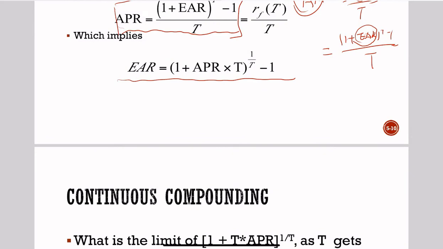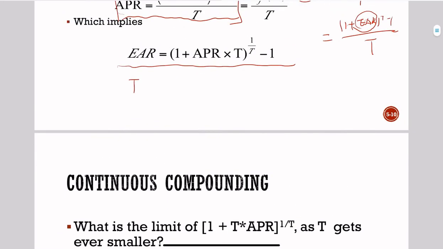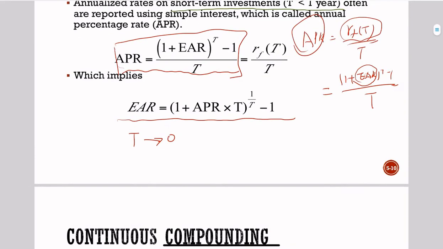What I'm trying to say is if I make t approach 0, it means that I am looking at a very small period. So let's say if t is 0.01, then you can imagine that this is about how many days? This is about 6.5 days, right? So now I am looking at a very small interval.